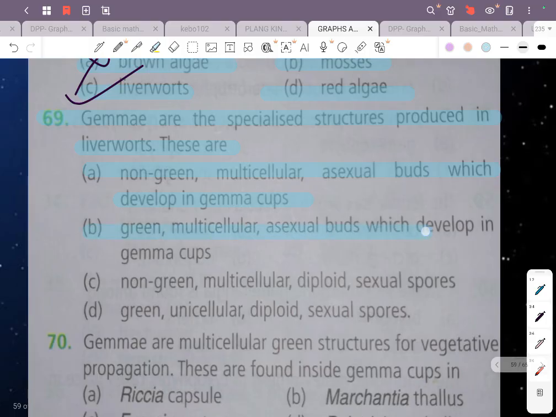B. green multicellular asexual buds which develop in gemma cups? C. non-green multicellular diploid sexual spores? Or D. green unicellular diploid sexual spores? What do you think? Gemmae are green, right? Multicellular asexual buds which develop in the gemma cup. So that makes option number B the correct answer.